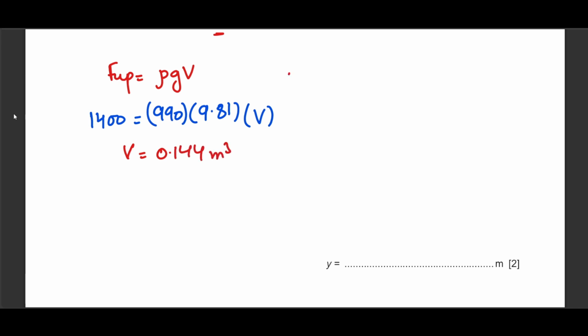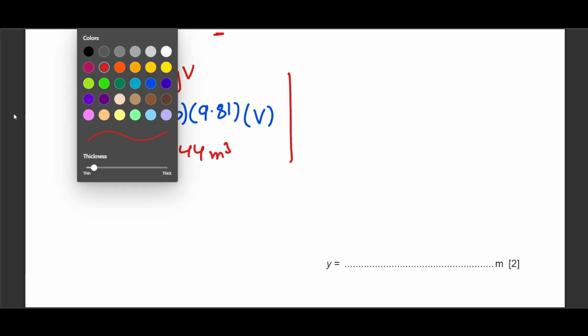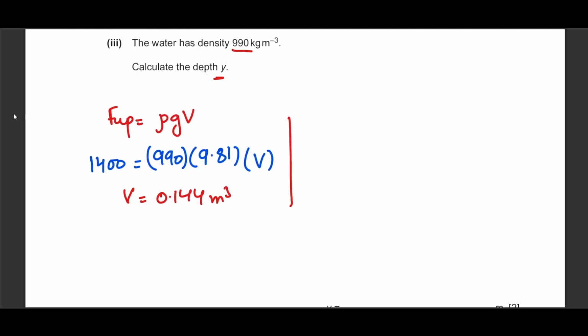Now, this is not the final answer because we are interested in the value of y. So volume was supposed to be equal to the cross-sectional area for a cylinder multiplied by its height. And we know that the cross-sectional area can be found by pi r square multiplied by height, which in this case has become y. So let's replace the values in this.